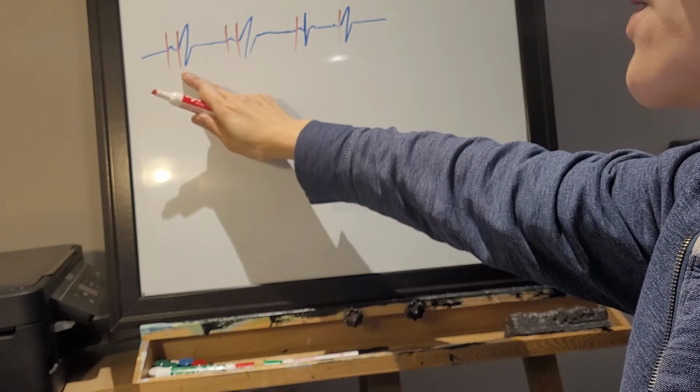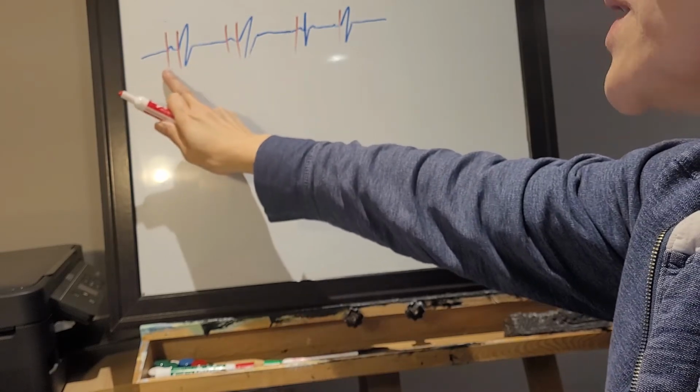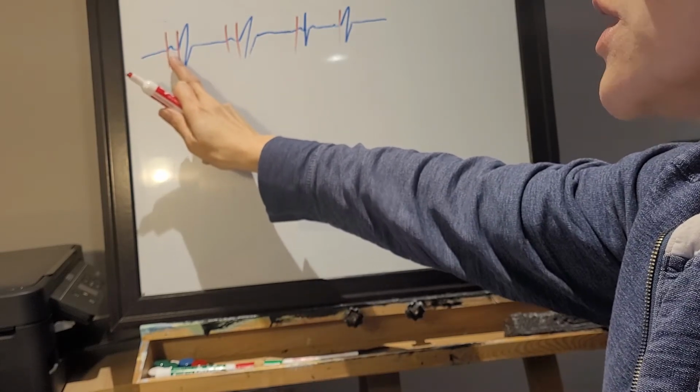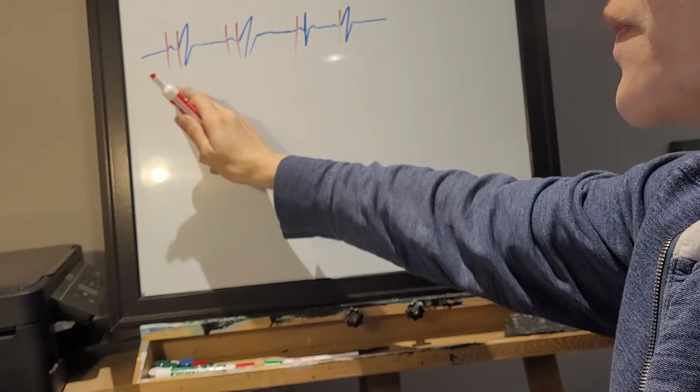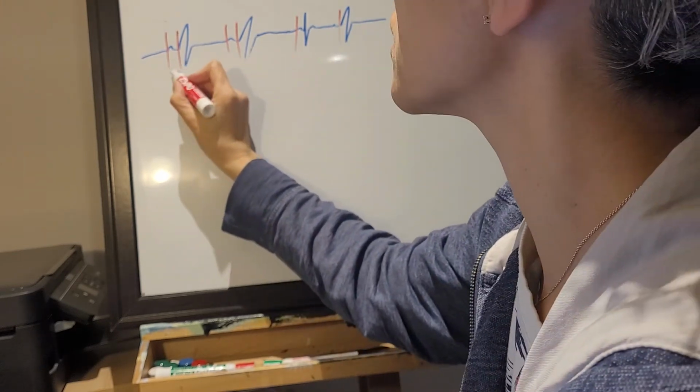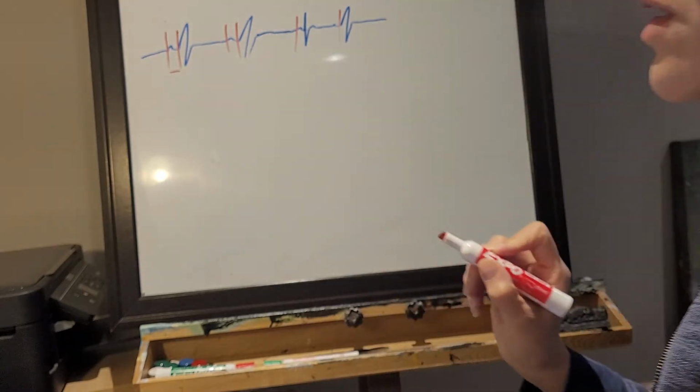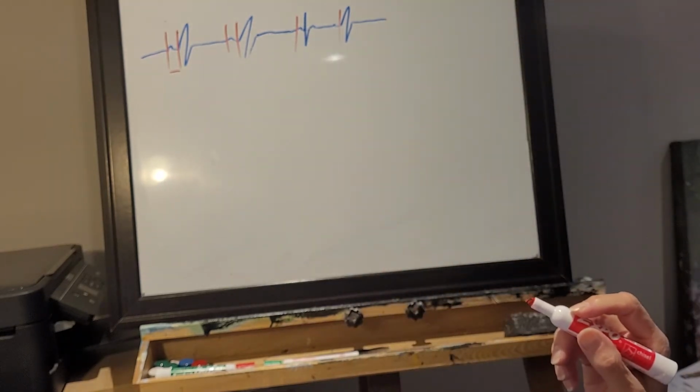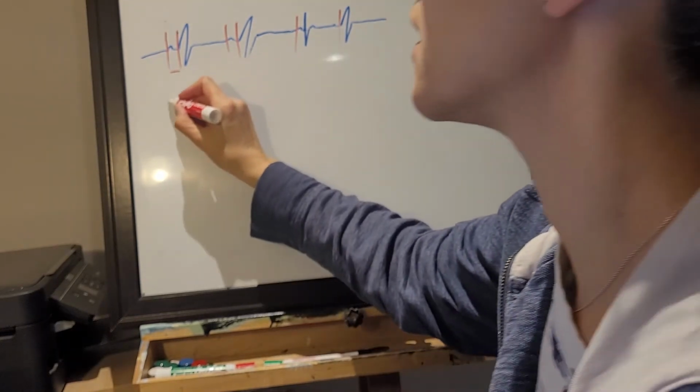Now we have the pacer artifact in the atrium. It fires and you capture and you have a P wave. Then the timer starts here. This timer in pacemakers is called the AV delay.